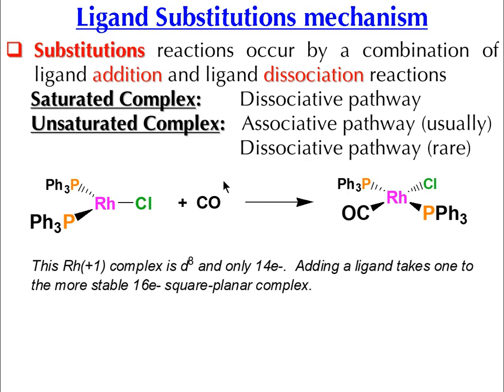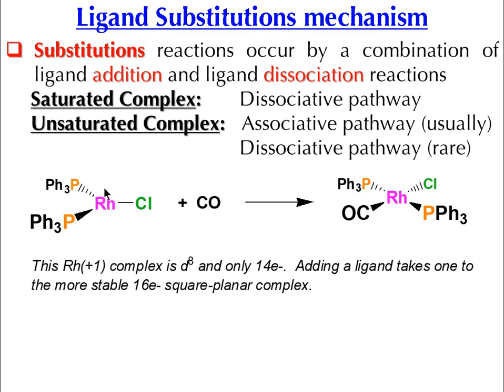We have another factor that affects the substitution or the addition, which is the geometry of the complex. In this example, the rhodium is rhodium(I), d8 and 14 electron, and the geometry is trigonal planar.